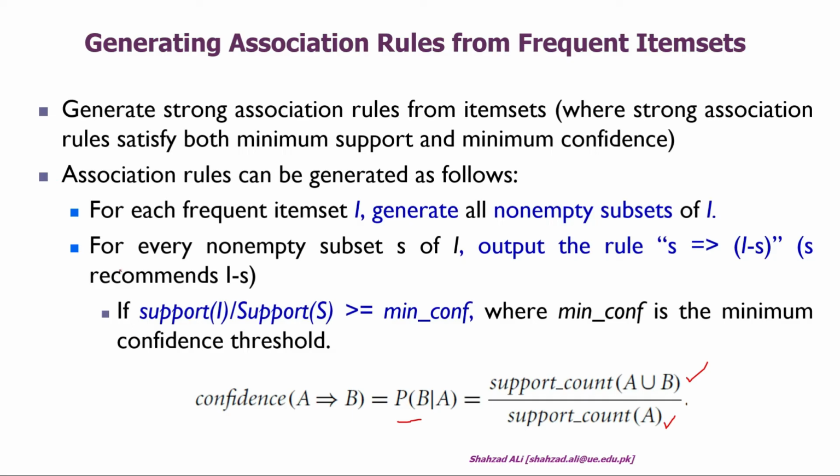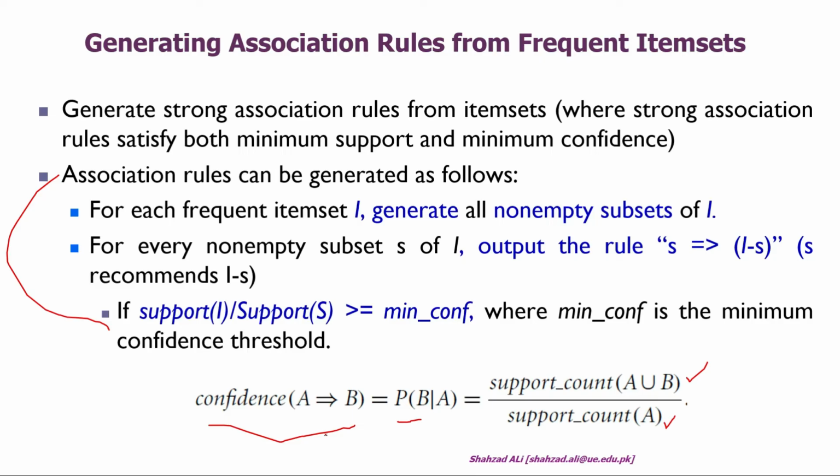Before that, we have to follow these two steps in order to generate the association rules. After generating the association rules, we have to check the confidence of the association rule in order to check the interestingness or importance of that rule.